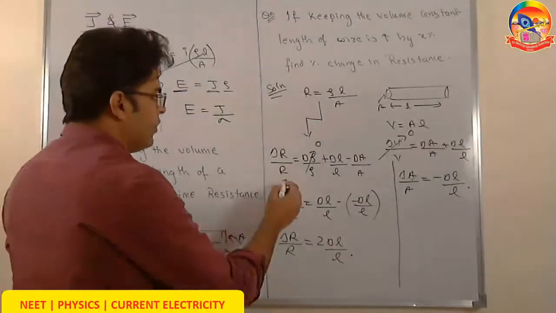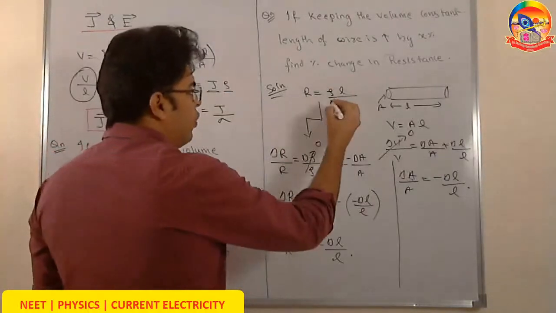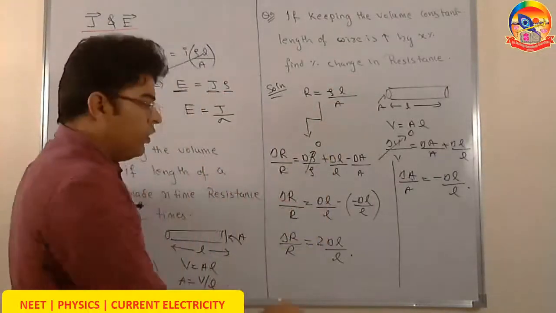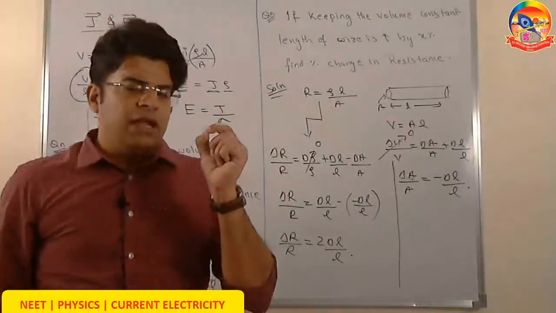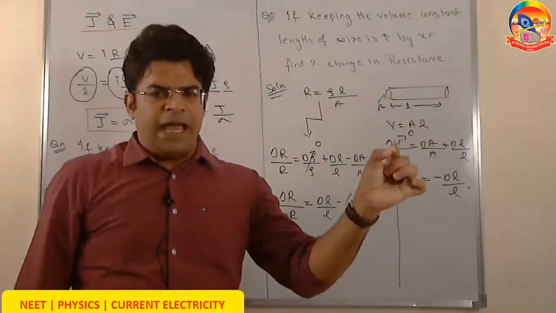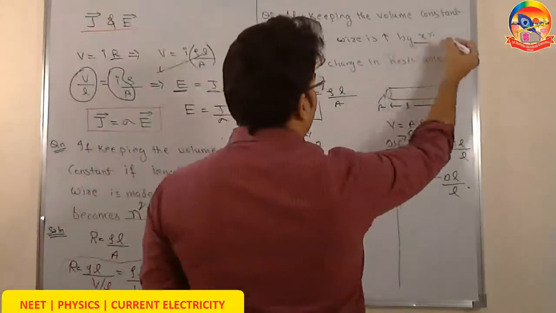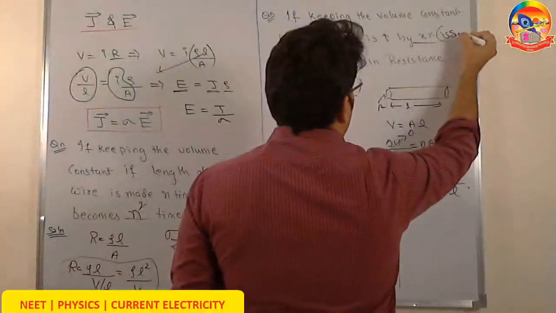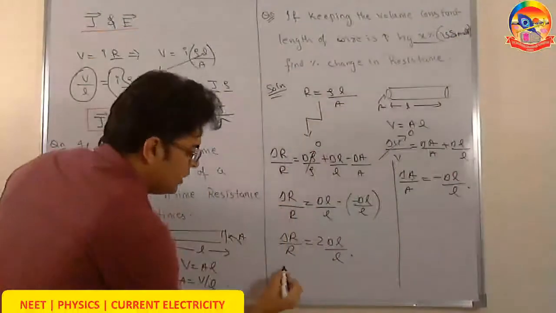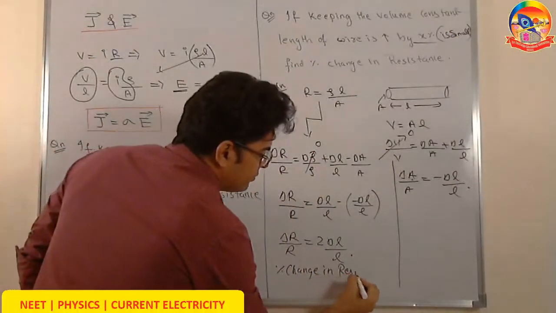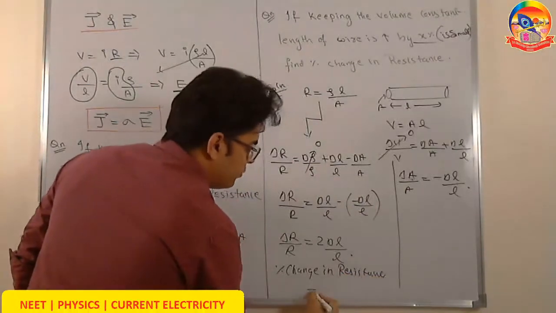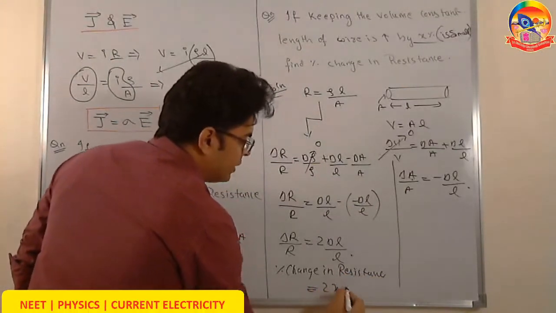But mind it, this operation works only for small change. Only for small change you can do all these. So now, if the length of the wire is increased by x%, given that x% is small, then you can say the percentage change in resistance has to be 2x%.